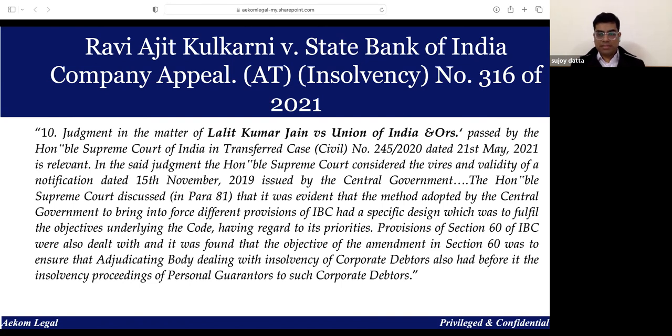And the objective of the amendment in section 60 was to ensure that the adjudicating body dealing with the insolvency of corporate debtors has before it all the other insolvency proceedings related to such corporate debtors. So in Lalit Kumar Jain, essentially it was said that the personal guarantee provisions, the personal insolvency provisions, have been correctly invoked. The judiciary cannot interfere into that. The central government has notified it as per the objectives of the IBC, and that is something which is not arbitrary, it's not unconstitutional.